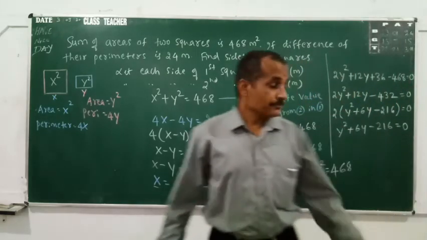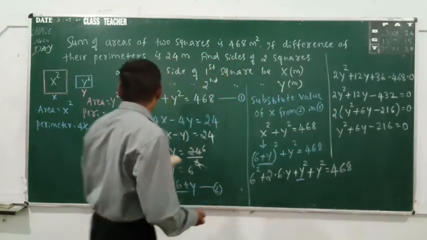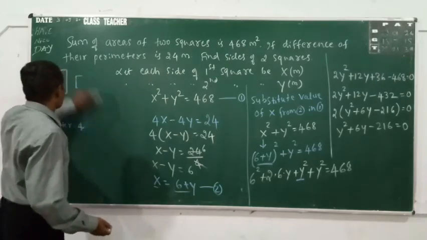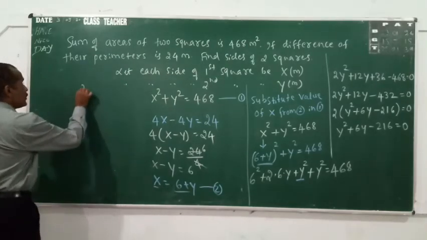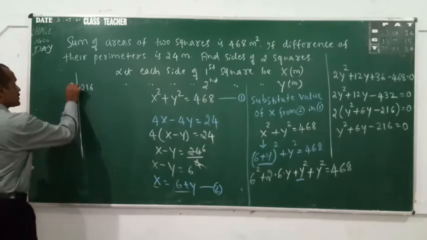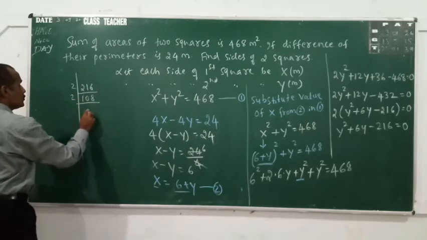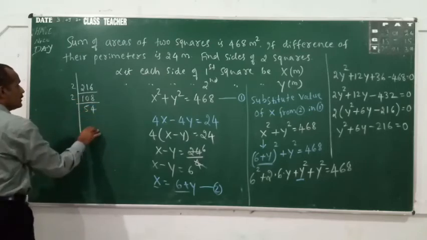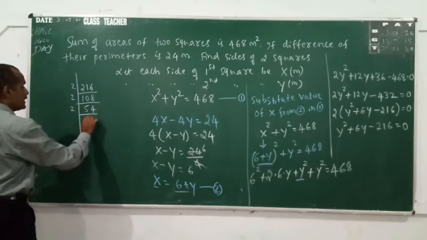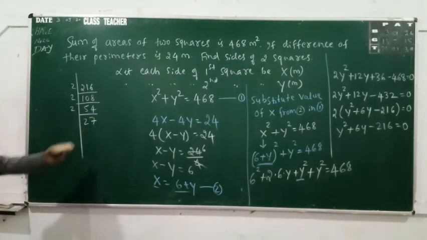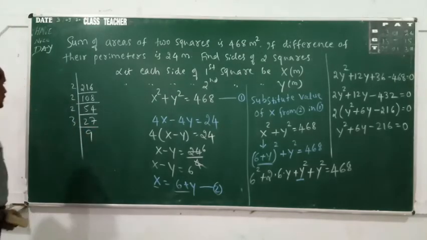On multiplying to get 216 and on subtracting to get 6, I have to find the numbers. Let me write the prime factorization of 216. 2 108s are 216, 2 54s are 108, 2 27s are 54, 3 9s are 27.